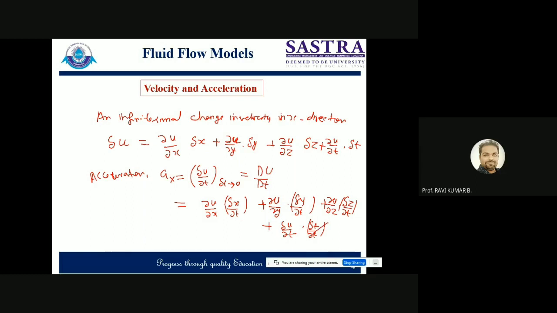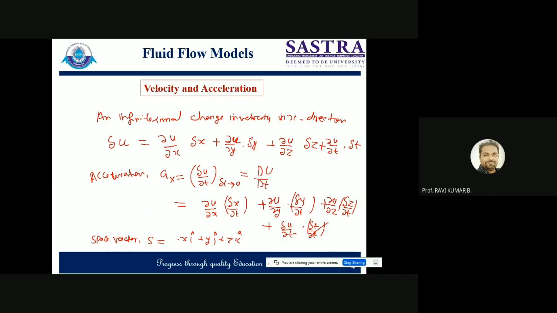Now look at this. So dx by dt, x is any distance. If I say space coordinate, a space vector, if I want to write the space vector, that will be given as xi plus yj plus zk. So any change in x with respect to time will be called velocity.